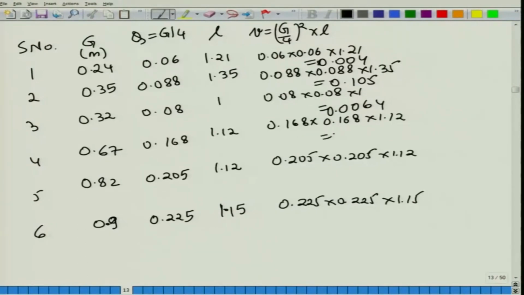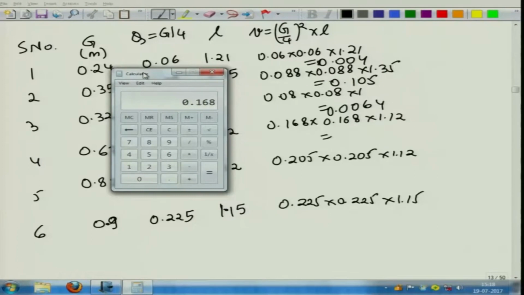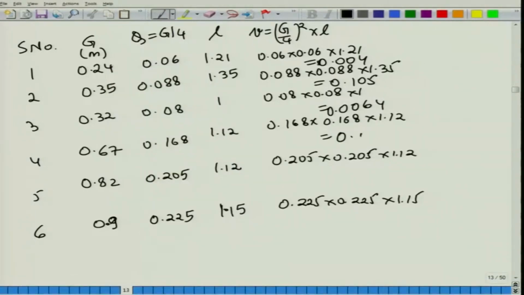In this case we have 0.168 into 0.168 into 1.12, which comes to be 0.032.